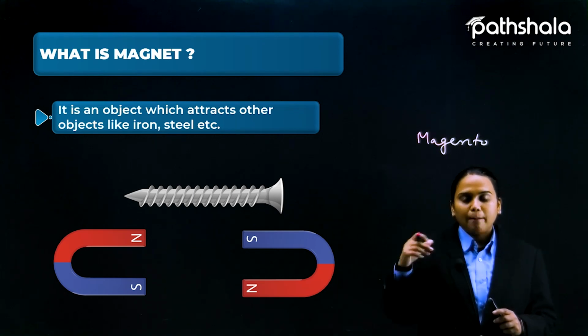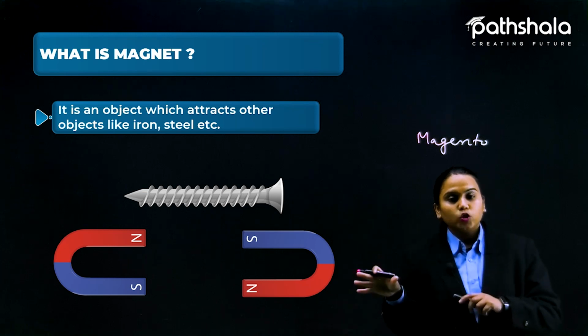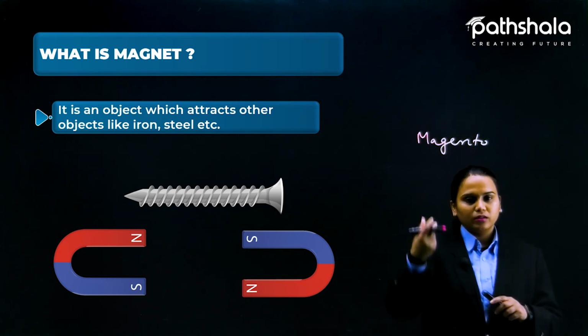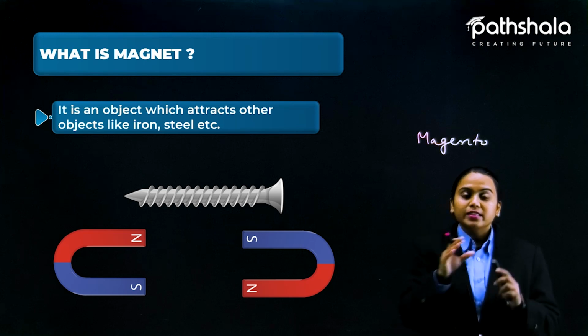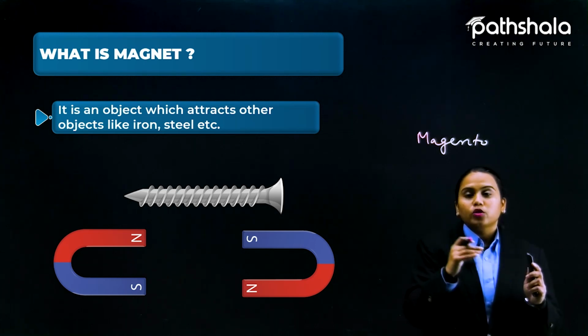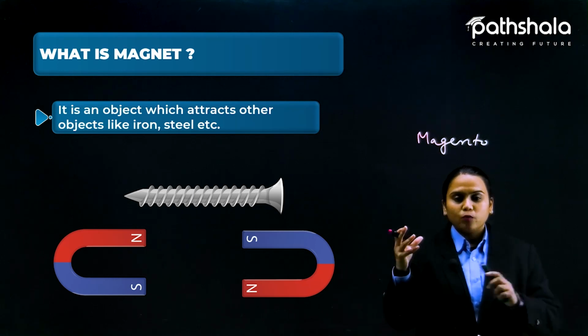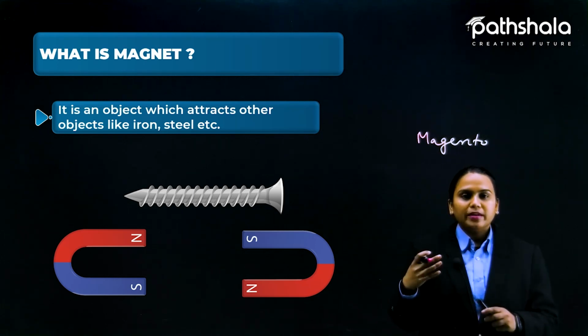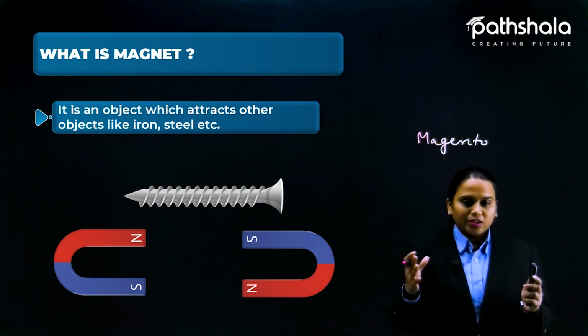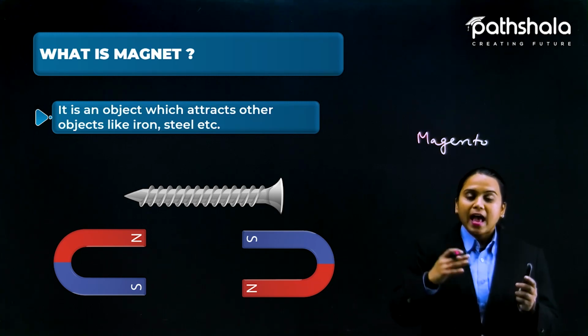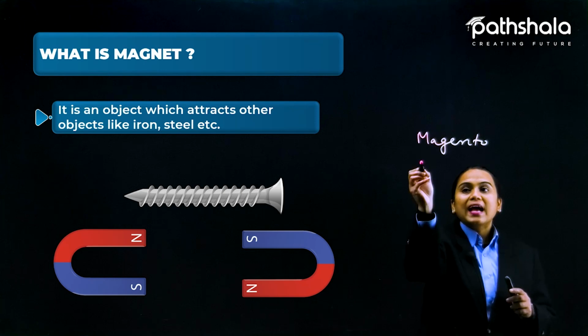Once upon a time, what happened was that his stick stuck to some rock. He wondered what this was, because in earlier times people believed in black magic or something like that, but actually that was a magnet.